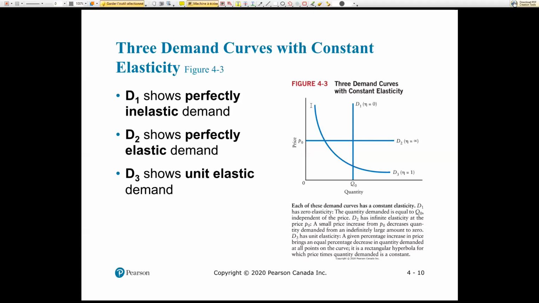And we also have a special case here, which is unit elasticity. In that case, it just so happens that if you have this shape, the slope will compensate exactly for the relative value of price and quantity, such that when you compute eta, it always has the same value.